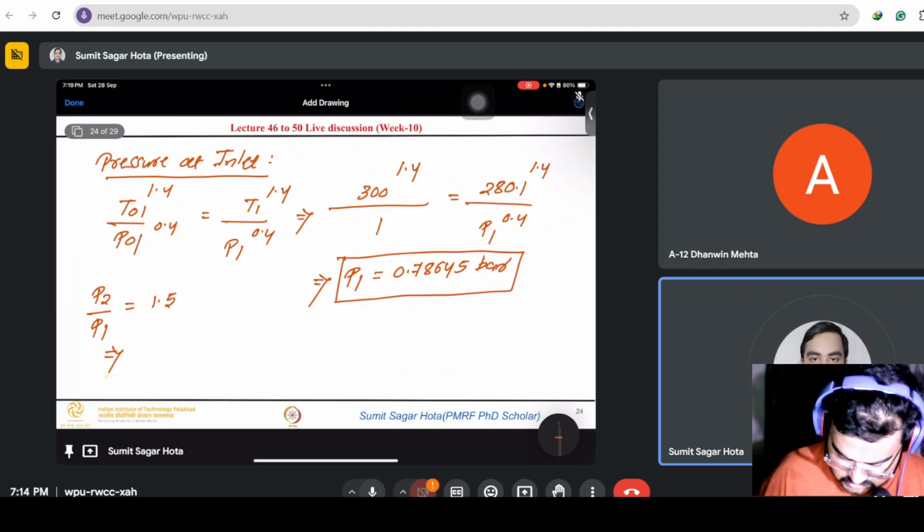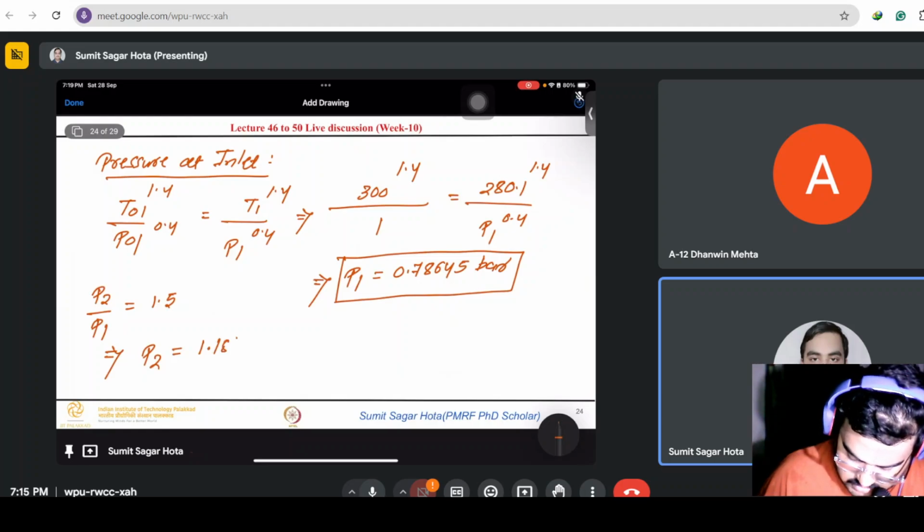P1 we found out, so P2 equal to 1.18 bar. So 1.5 into whatever value we found for P1, just multiply and find P2.